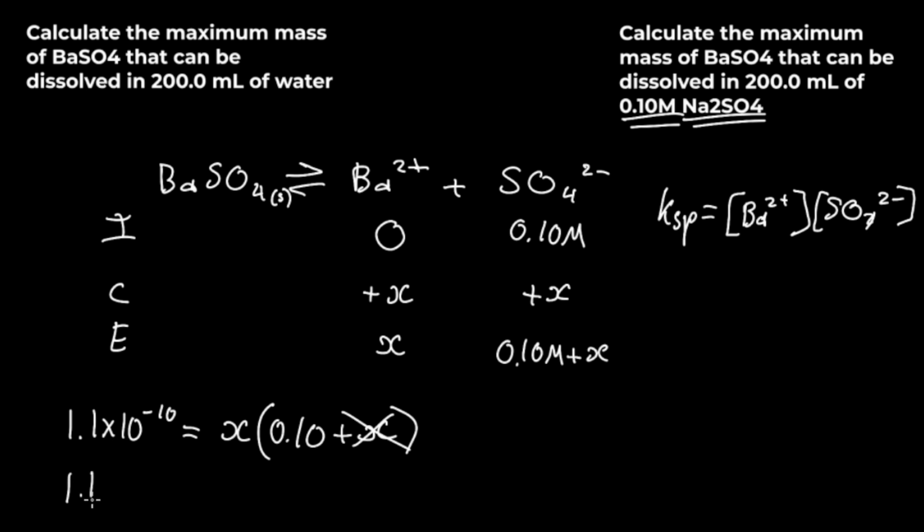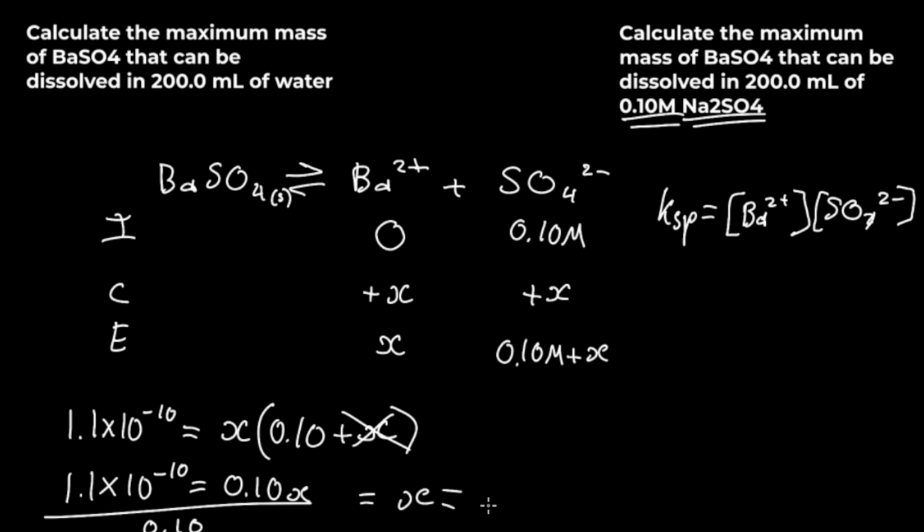So that means 1.1 times 10 to the negative 10 is going to equal 0.10x, and if you divide everything by 0.10, then you'll get x equals 1.1 times 10 to the negative 9. That's not the maximum mass, that's the solubility.